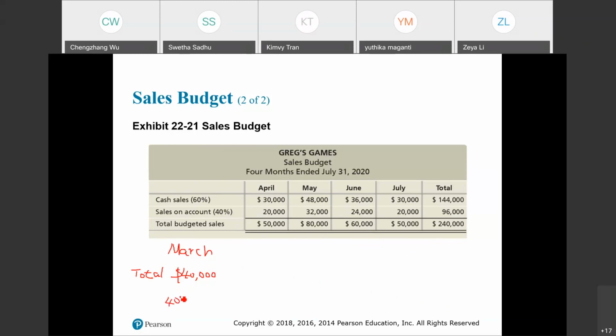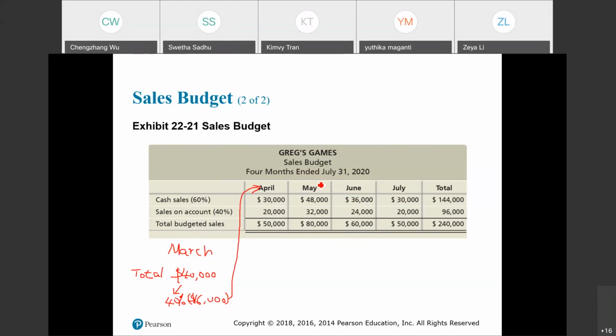Well, this is 40% of $40,000. That is 16,000 will be collected in April.